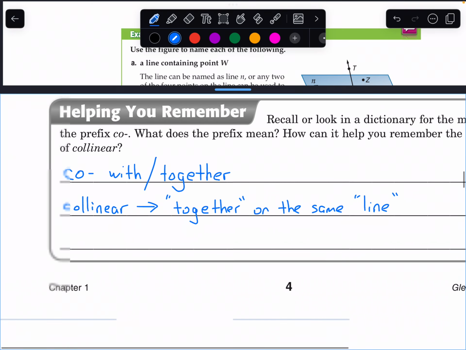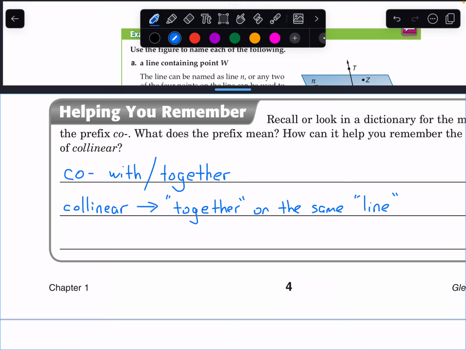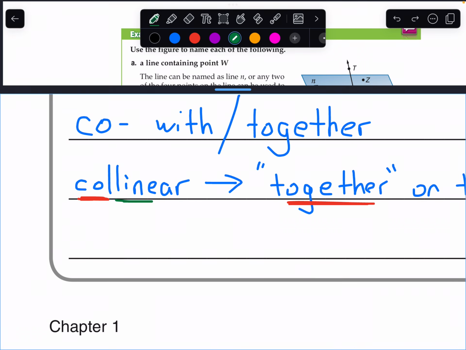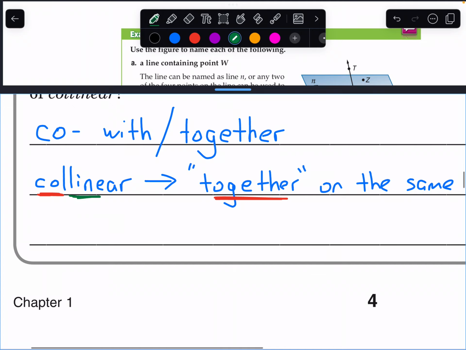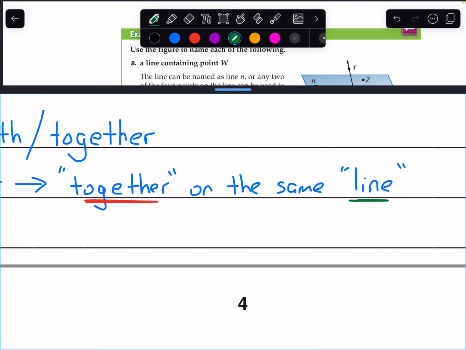Now I'll put that in quotations as well. So you've got the co meaning together, and you have the, I don't need the full linear, we need 4 letters right there, line, on the same line.